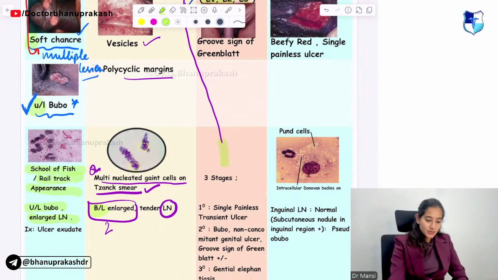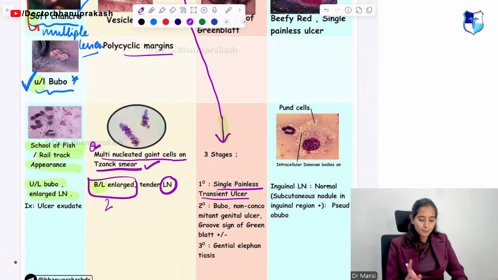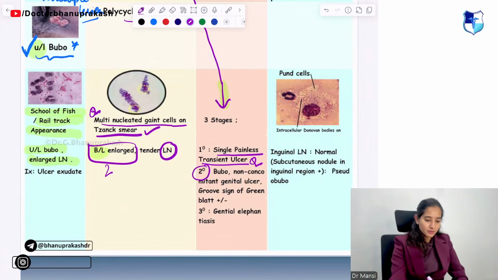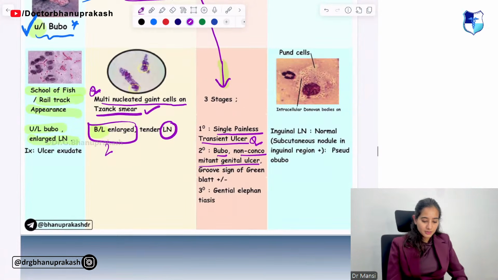Then the 3 stages which are present. The primary, in this you have a single painless transient ulcer. So it comes and goes. Then there is a secondary LGV infection, where you can see a bubo and a non-concomitant genital ulcer.